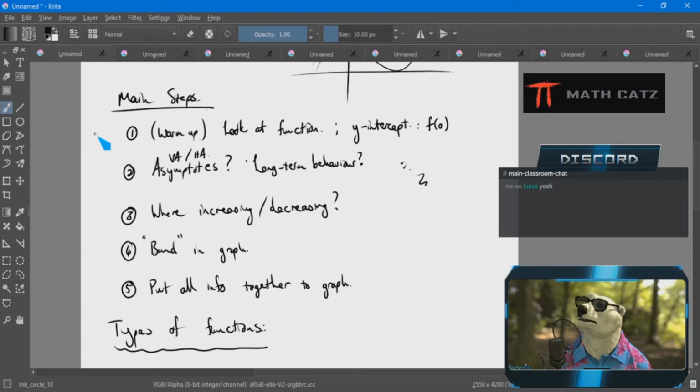We discussed the first one, where I'm just going to look at the function and see if I identify it as a specific type, if I know something automatically because of that type, and I can find a y-intercept to make myself feel as if I've made progress. The second step is really the first big one, where I'm asking, are there any asymptotes? What's the long-term behavior? Trying to get more information about the graphs in these extreme situations.